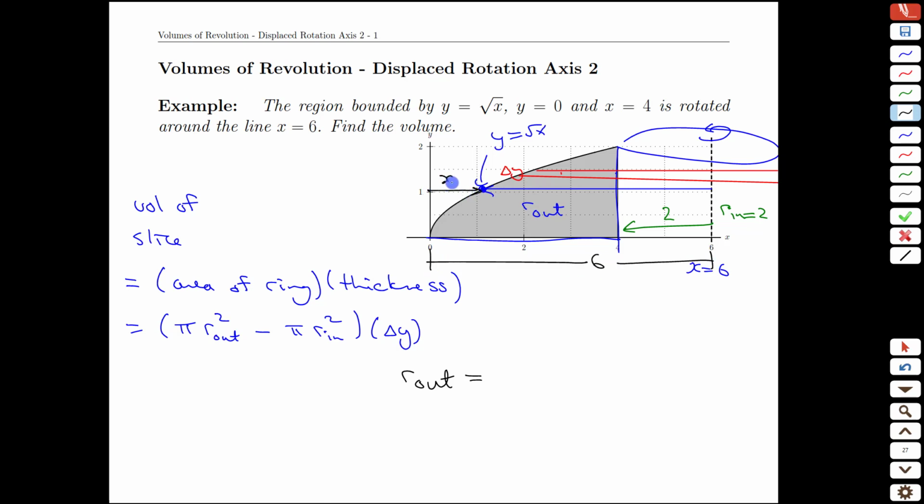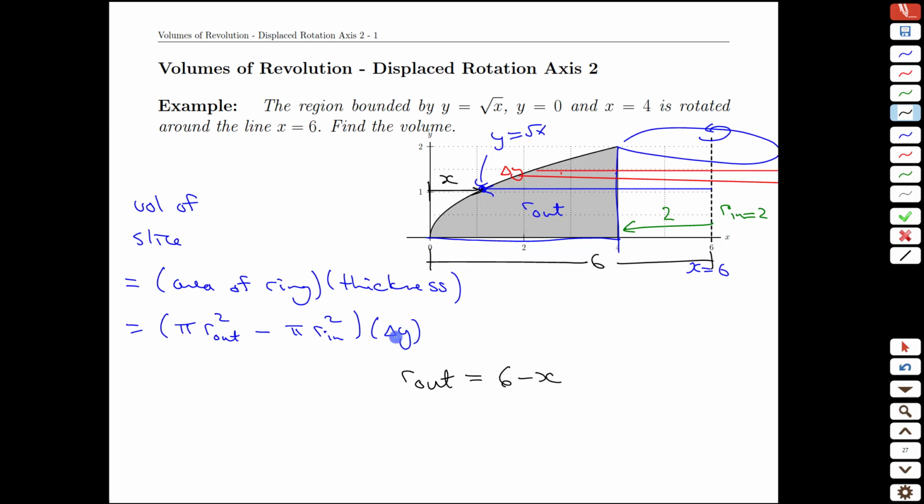This distance here from the axis out to this point is the x-coordinate, but our radius is what is left over. Again, we've seen these kinds of constructions in optimization problems, related rates. You just have to be aware of it and keep an eye open for it in these diagrams. X is the distance from the axis to a point. This whole distance is 6. Our outer radius is 6 minus x. It's what's left over out of that 6.